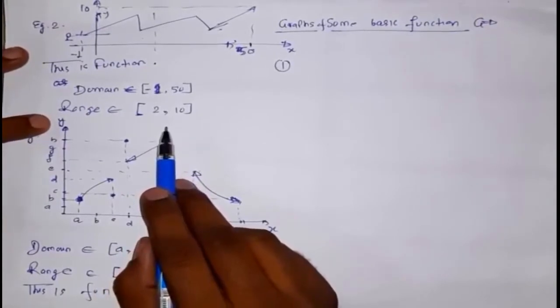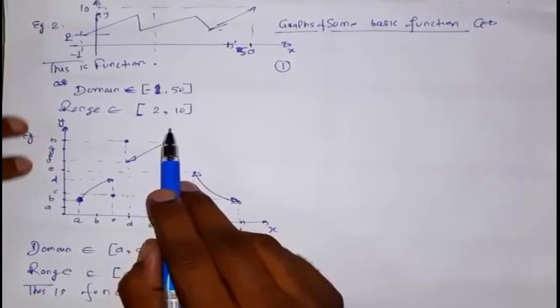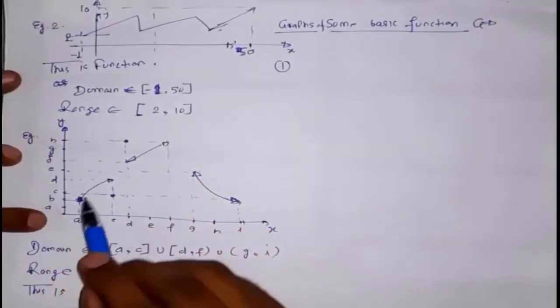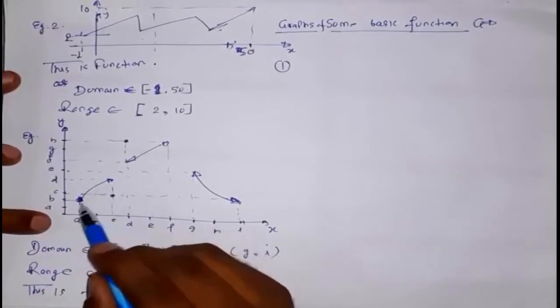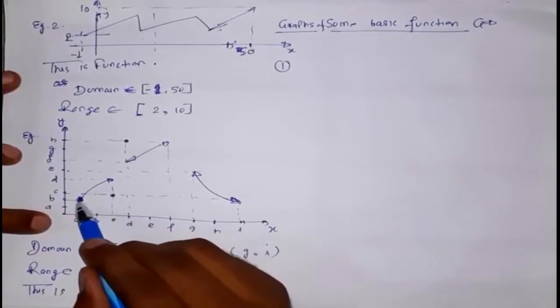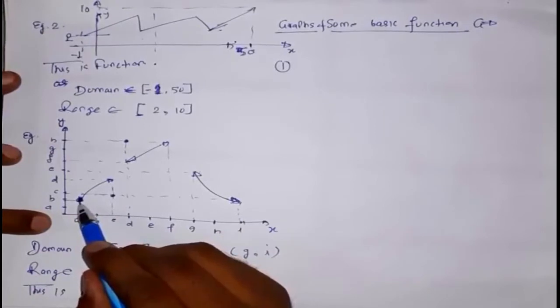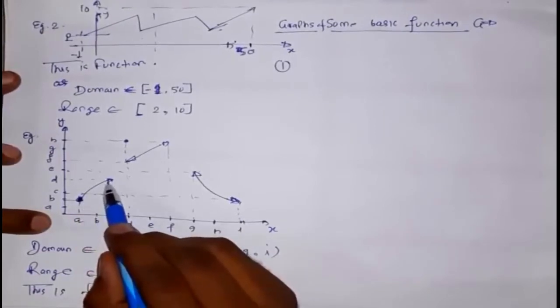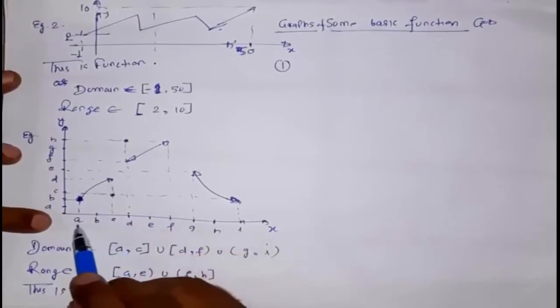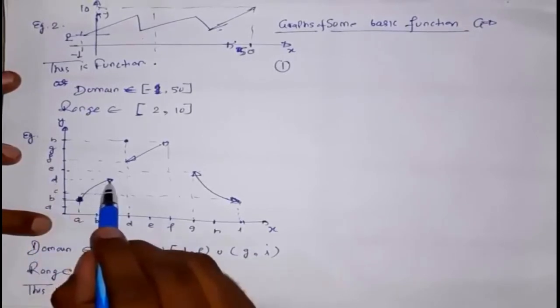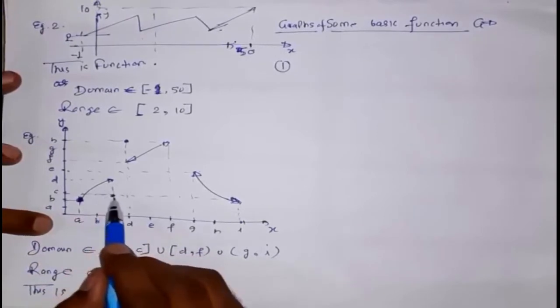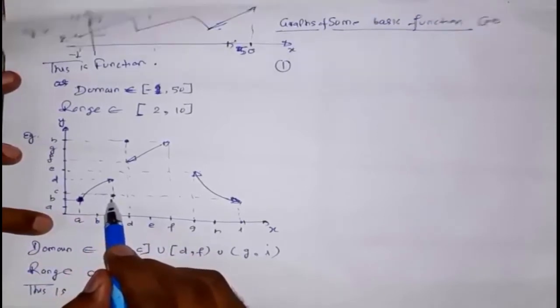By observing the graph, we can easily find the domain and range of any given function, and we can also identify whether it is a function or a curve. The next example is this. I have taken a graph from this point to this point. I am including this point and specifying it by a dot, and I am using an arrow. The meaning of the arrow is that I am not including this point. For example, for the value of x equal to c, the value of y is not equal to d.